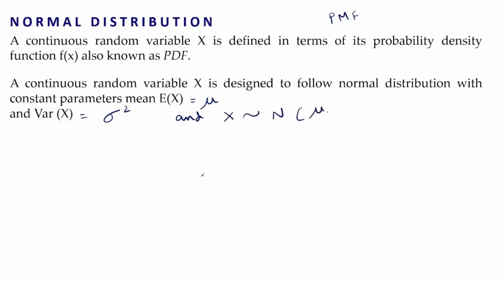It is written as x follows normal mu comma sigma square. If the random variable x follows binomial distribution, we write x follows binomial n comma p. Here these are the parameters of the binomial distribution. If x follows Poisson distribution, we write x follows Poisson lambda, since lambda is the parameter of Poisson distribution.